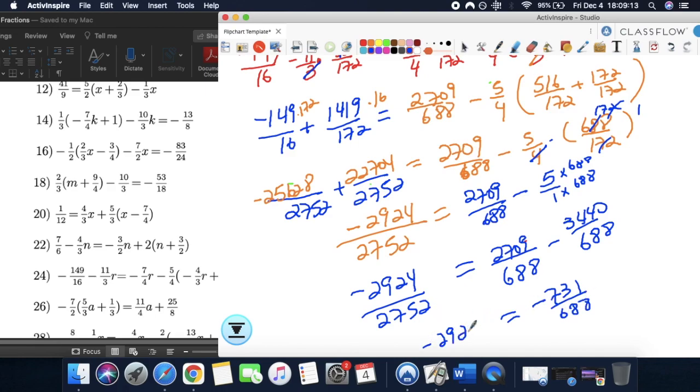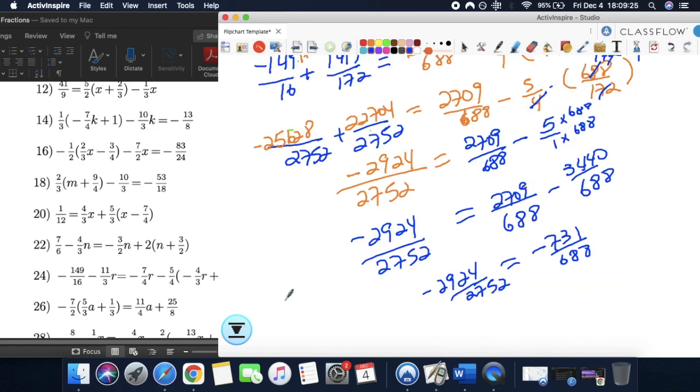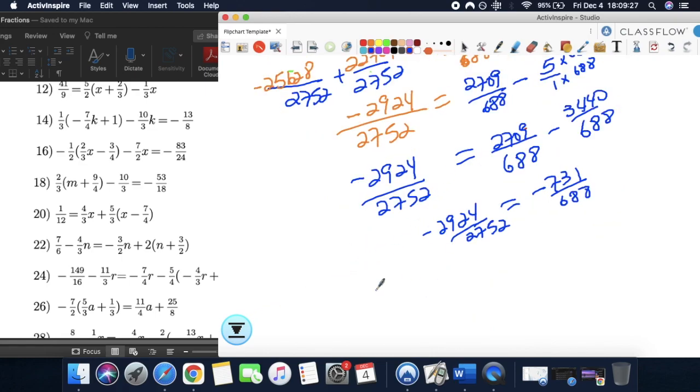Now we're going to figure out if those two are the same. Well, let's try to see if they're equivalent fractions, right? So, let me write this straight. So, negative 2427 over 2752, right? Are these two fractions equal? Let's see.